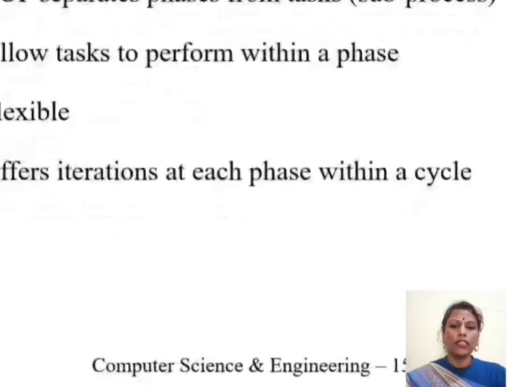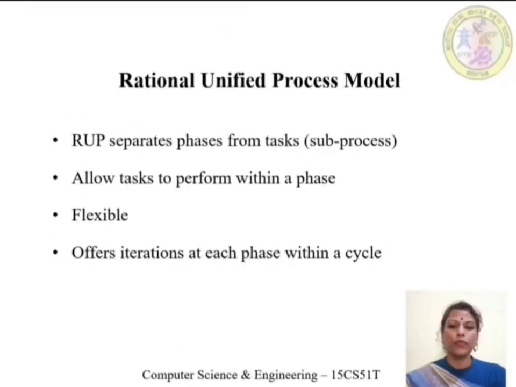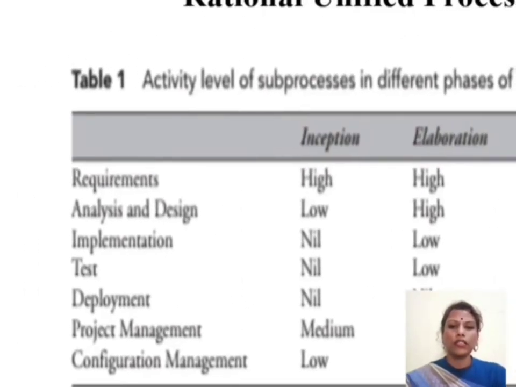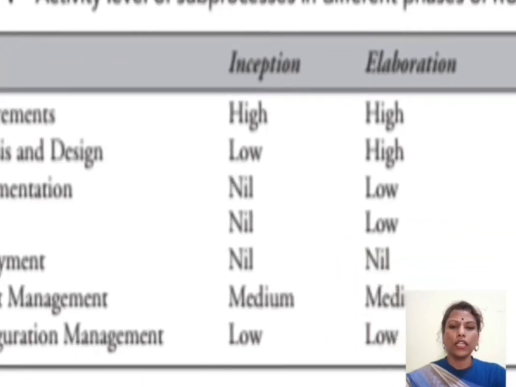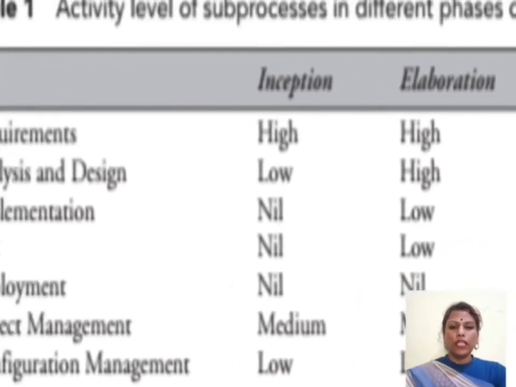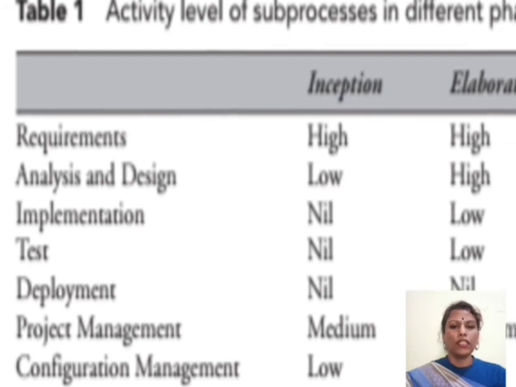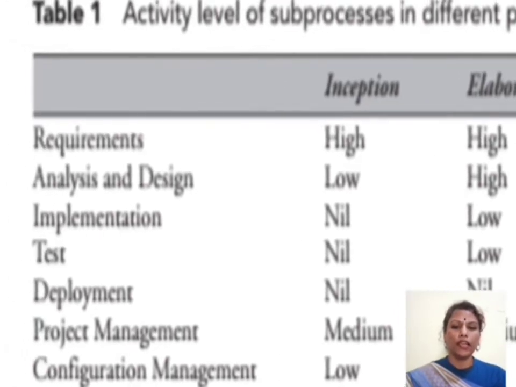Okay, let's see the sub processes which are going to be executed in each and every phase. See, in the inception phase, since we are collecting the requirements, requirements are high. And here, since we are not doing any implementation activity, testing activity, or deployment activity, this is mentioned as nil.